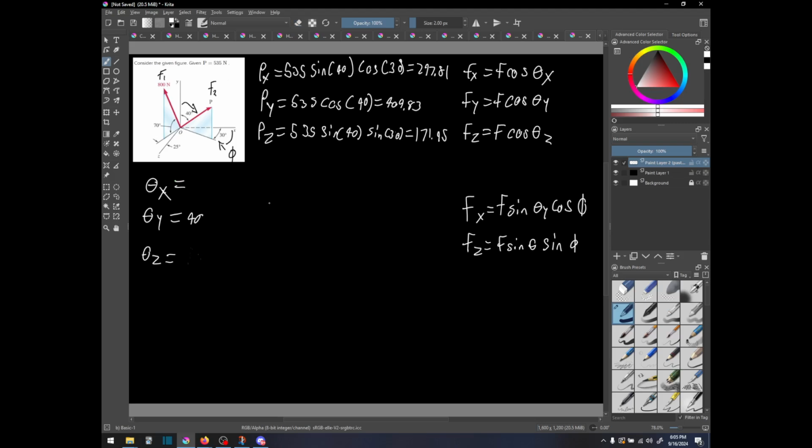And to get them, it looks like it's going to be the cosine inverse of the force in the direction over the force. It's going to equal the theta of the force. So let's try it. Inverse cosine of 297.81 over the whole thing, which is 535.